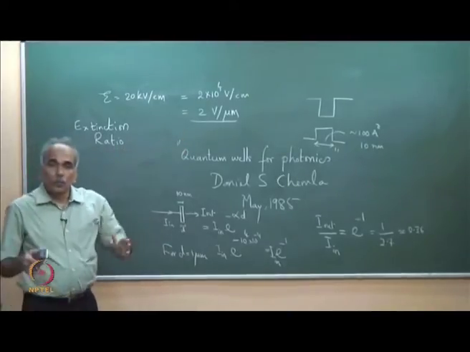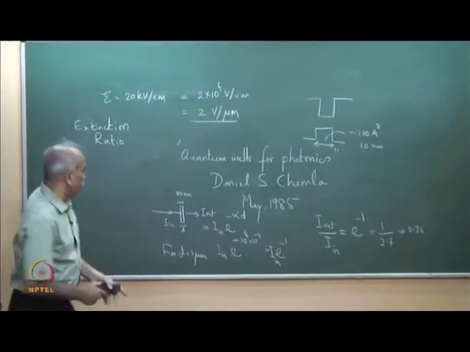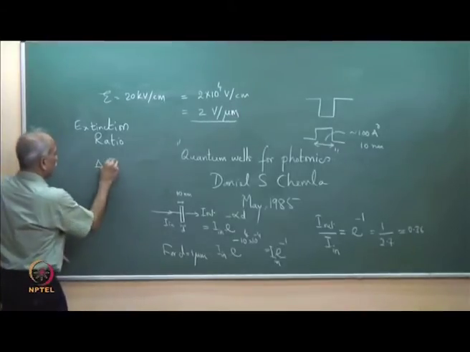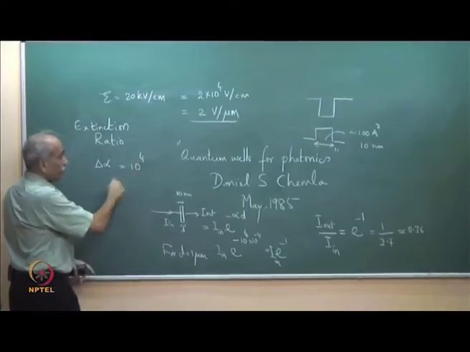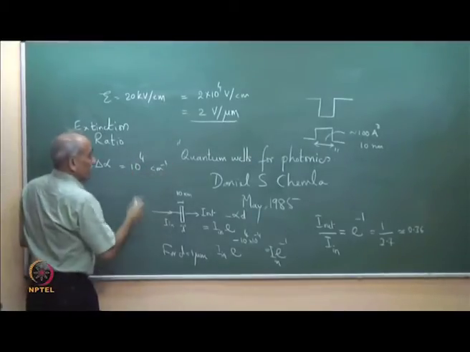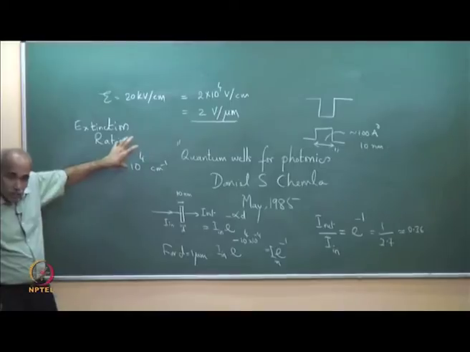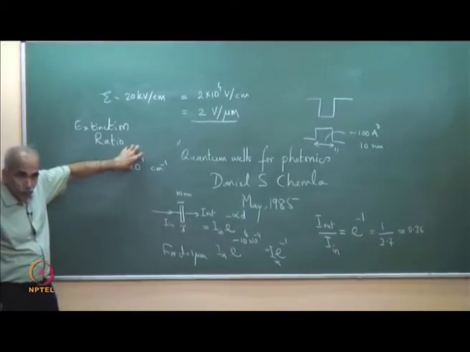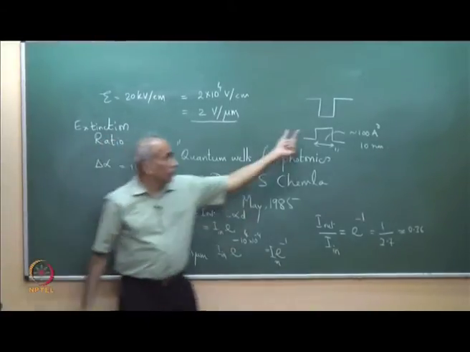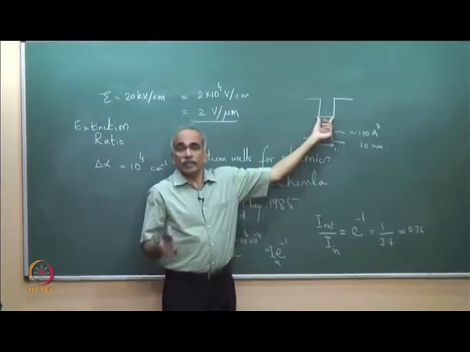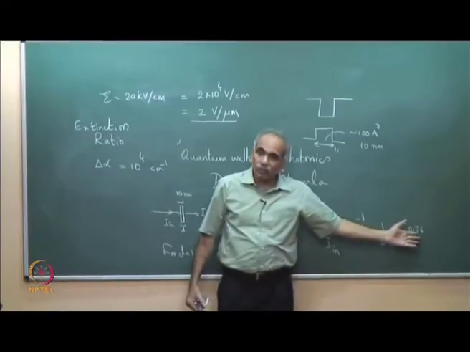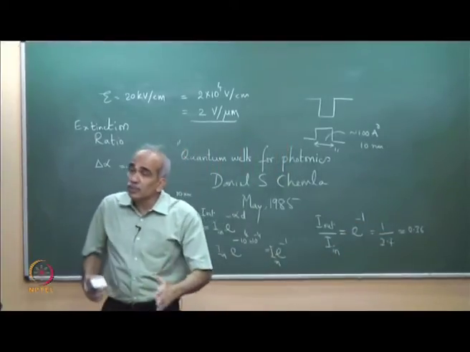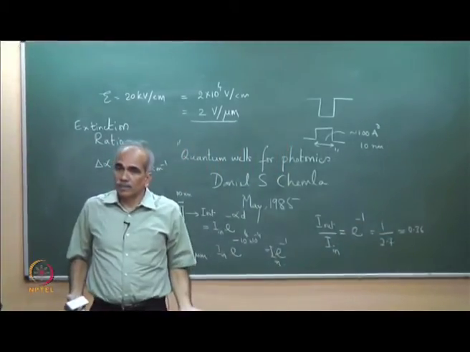Indeed, if you want significant attenuation, we had delta alpha equal to 10 to the power of 4 centimeter inverse. So, even if the absorption changes by 10 to the power of 4, that multiplied by the length of the device will give you the total attenuation, and for that total attenuation to be significant, you have to have at least 1 micron, which means you need 100 quantum wells.